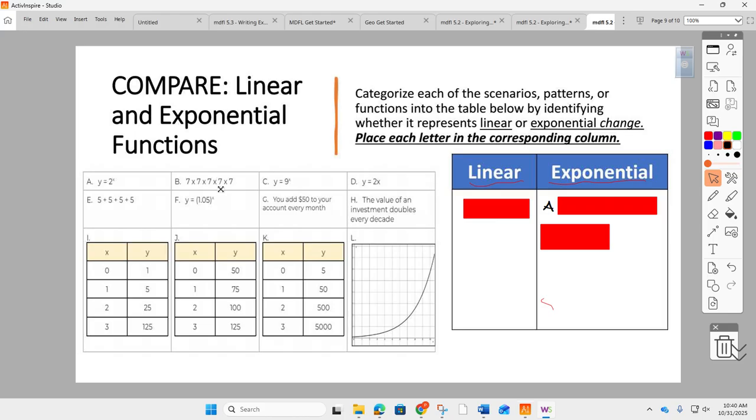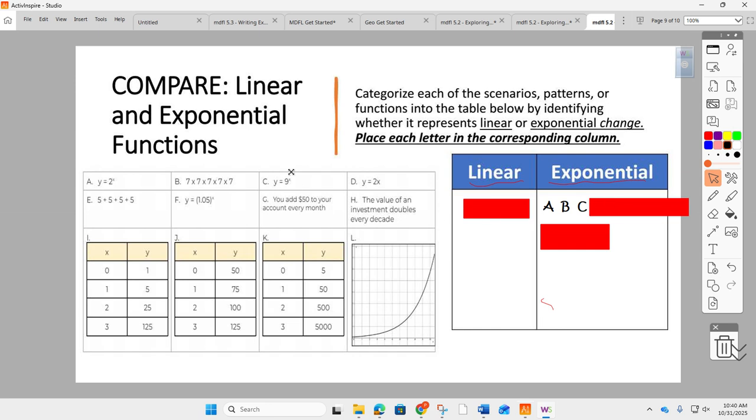So remember, exponential is increased by a factor. So if you're multiplying each one by 7, that would be exponential. How about C? Y equals 9 to the x power. Is that exponential or linear, Sincere? It is. Very good. It's got x as the exponent.